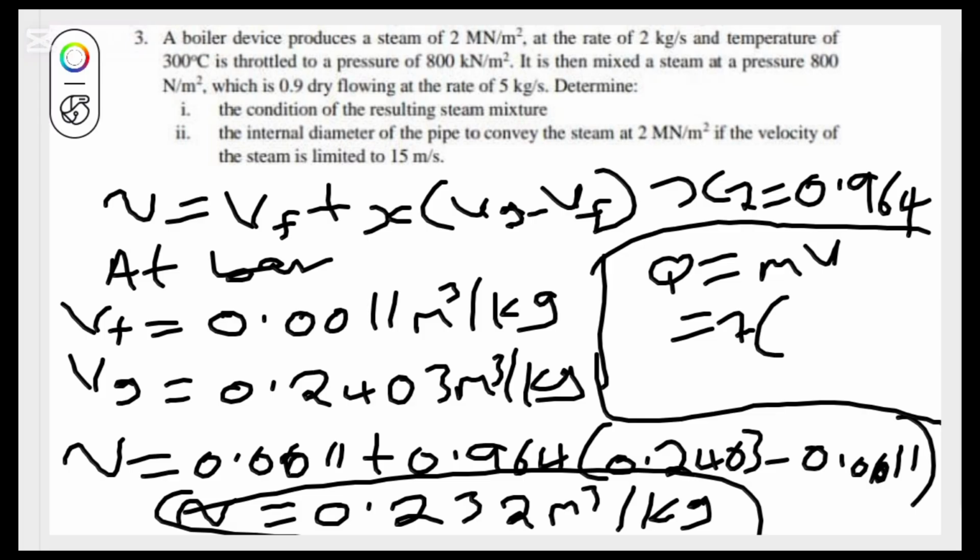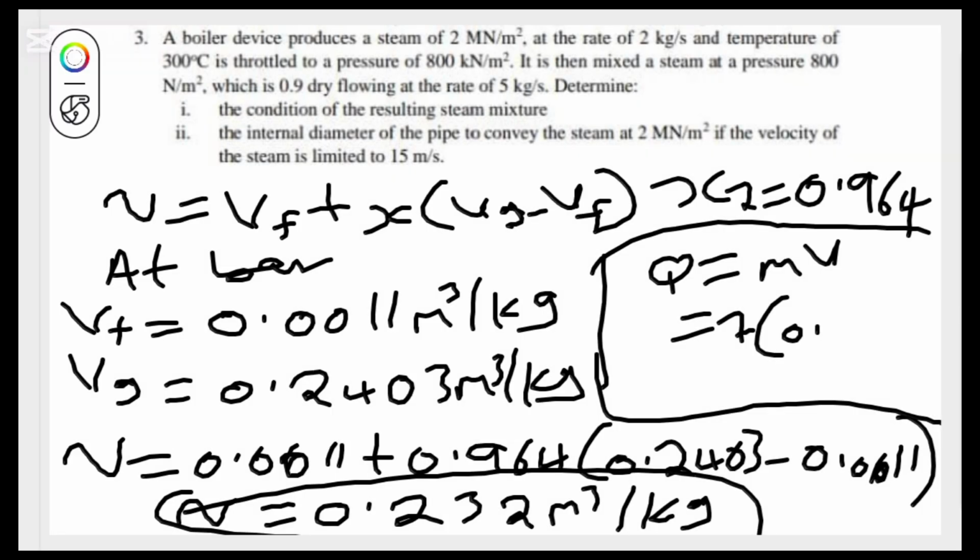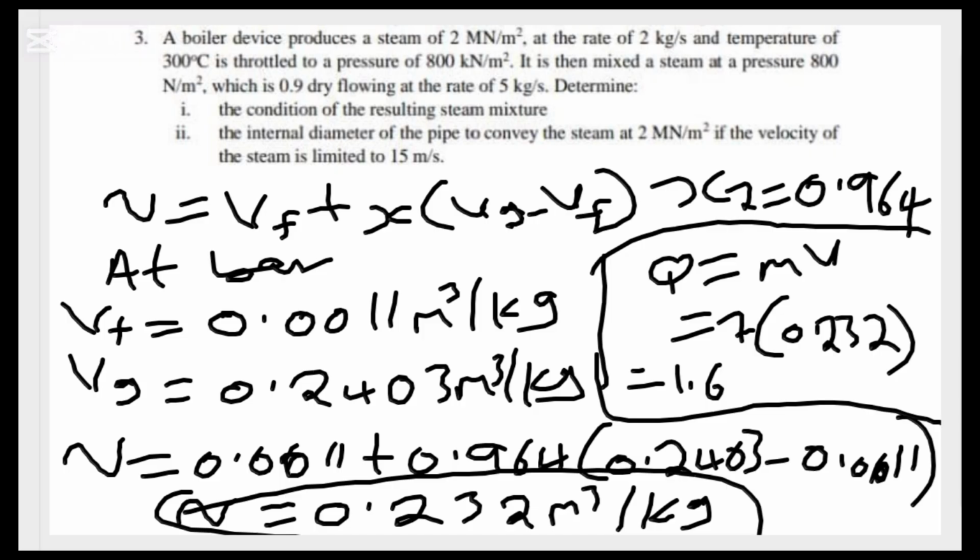So 7 multiplied by 0.232. So this will now be equal to 1.624 meter cube per second.